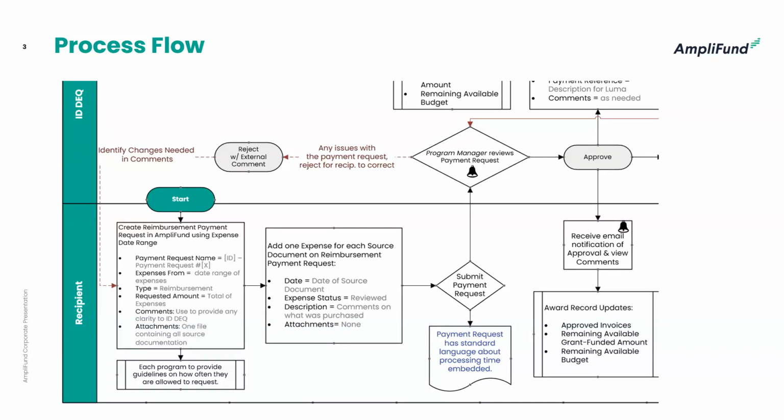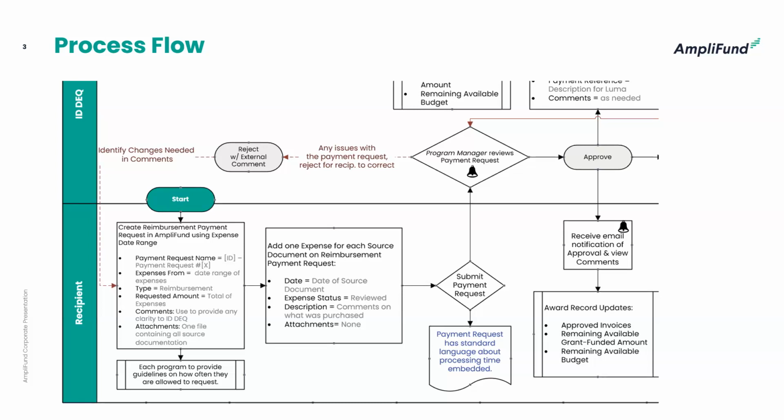Along with that payment request should be accompanied expenses. That would be one expense per source document. The payment request should include attachments that include one upload that has all source documentation for your expenses. And you'll be able to submit that.